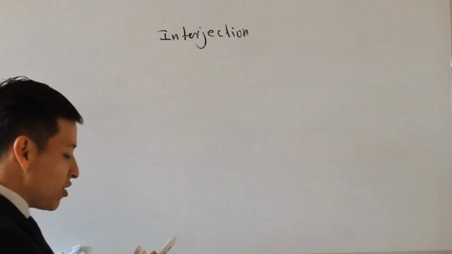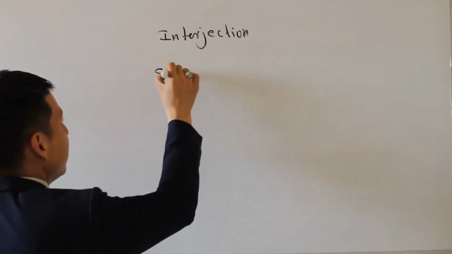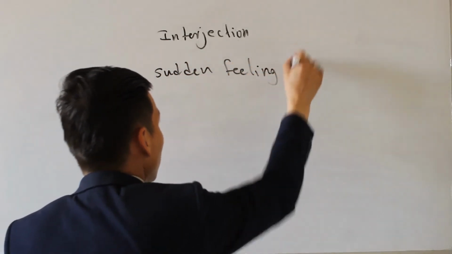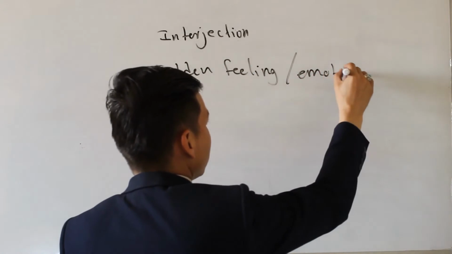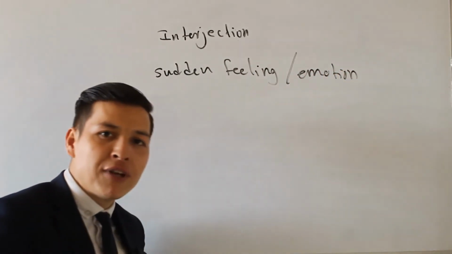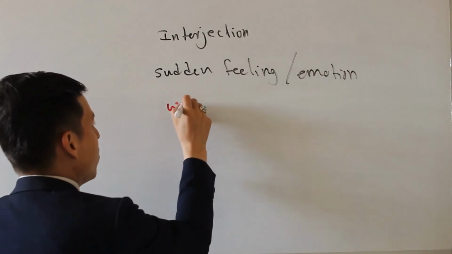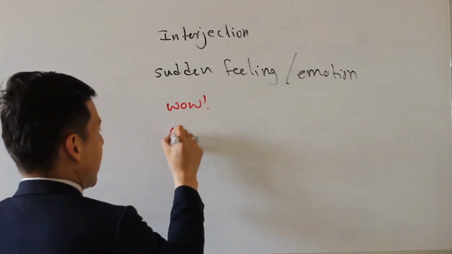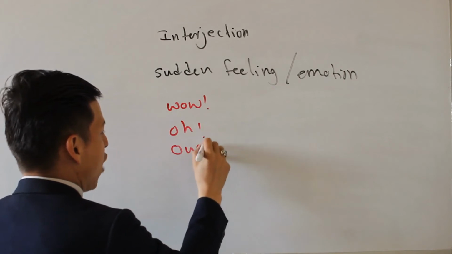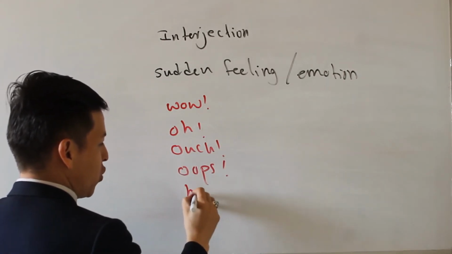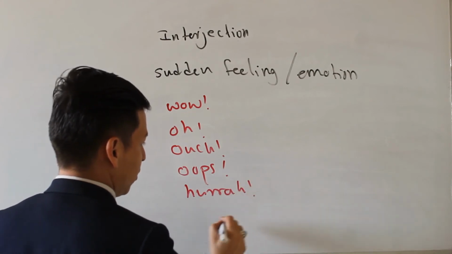So what are interjections? They show sudden feeling or emotion. For example, we say wow, oh, ouch, oops, hurrah.